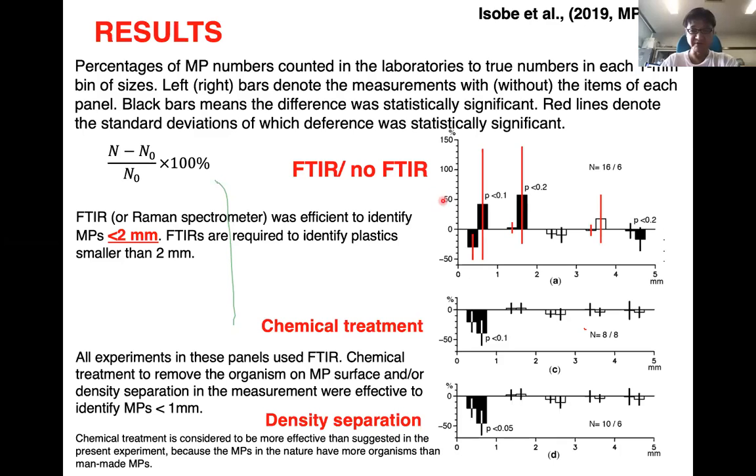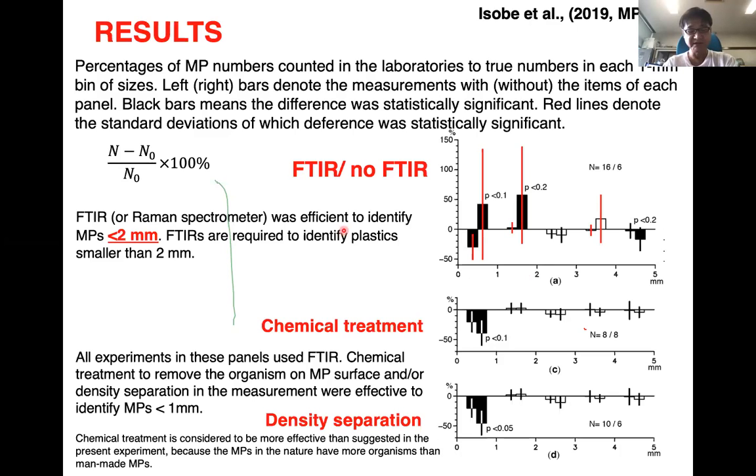So this experiment suggests the fact that if we don't use FTIR, it's very difficult to accurately quantify the number of the microplastics, especially for the size less than 2 millimeters.